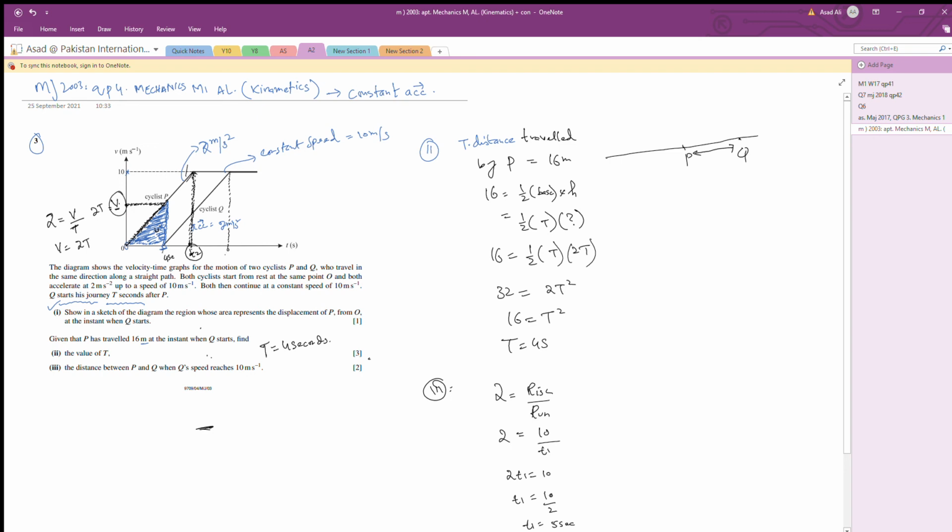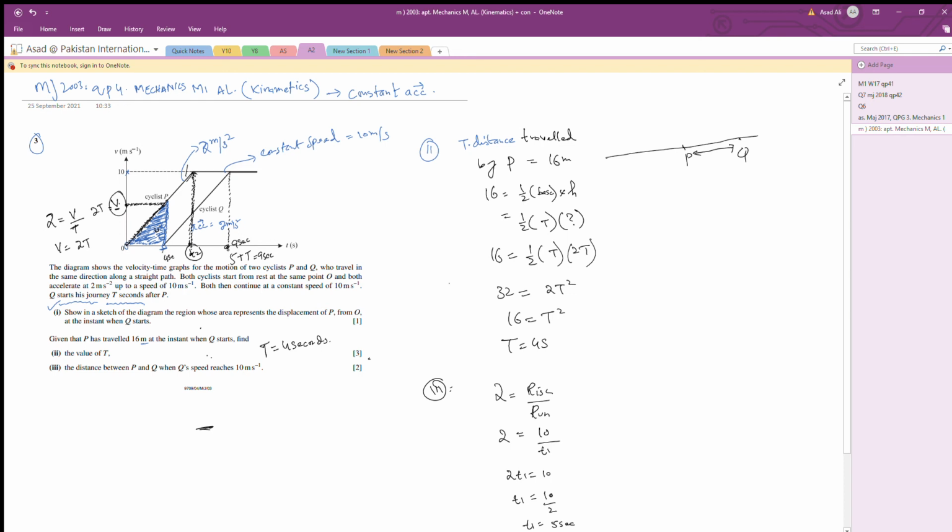Come on, 5 plus t, because they say Q starts his journey t seconds after P. So this will reach here after 5 plus t seconds, which is 9 seconds. So this point is 9 seconds.